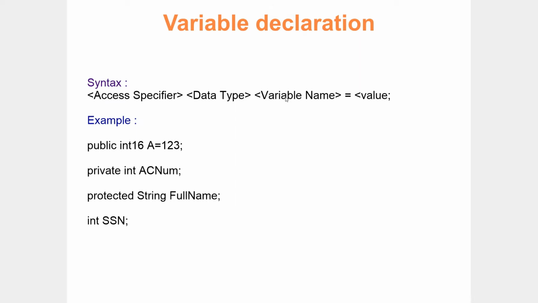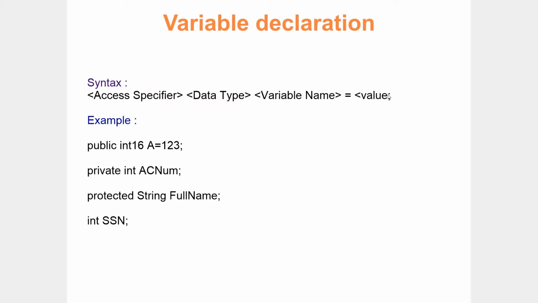The next one is the variable name. It is user defined. You can give any meaningful name. Then is equal to value. Value is optional. If you want to assign some value at the time of declaration, you can. Otherwise, you can leave it blank. So blank can also be accepted.